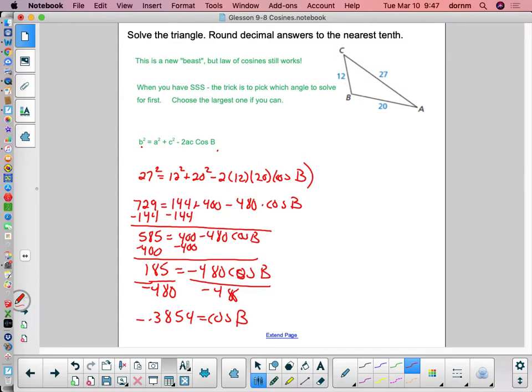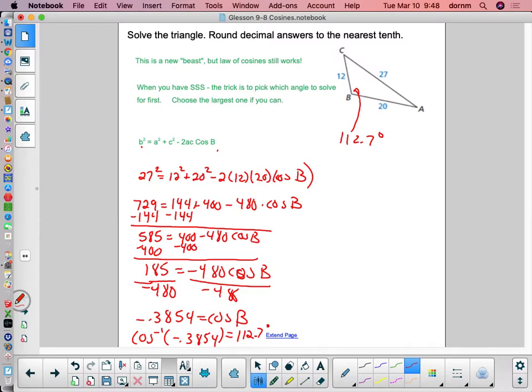If I take my inverse cosine now of that value, I get 112.7 degrees. Okay, great.